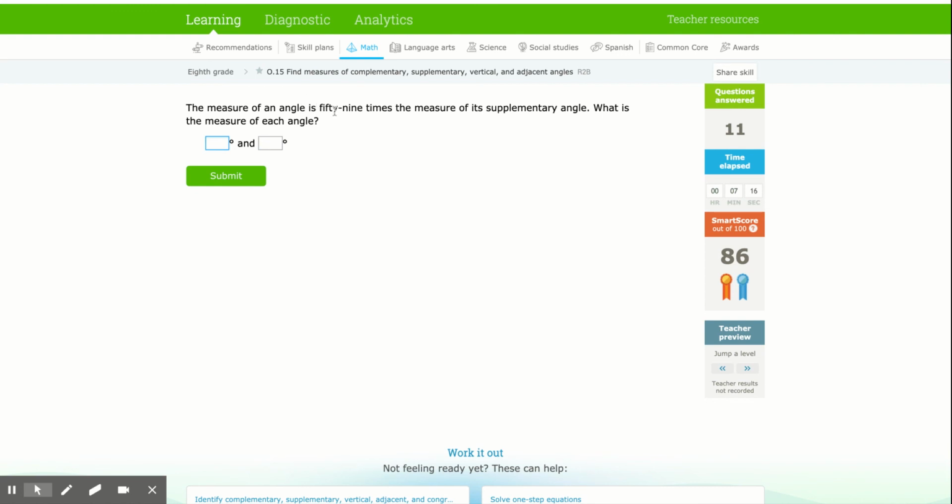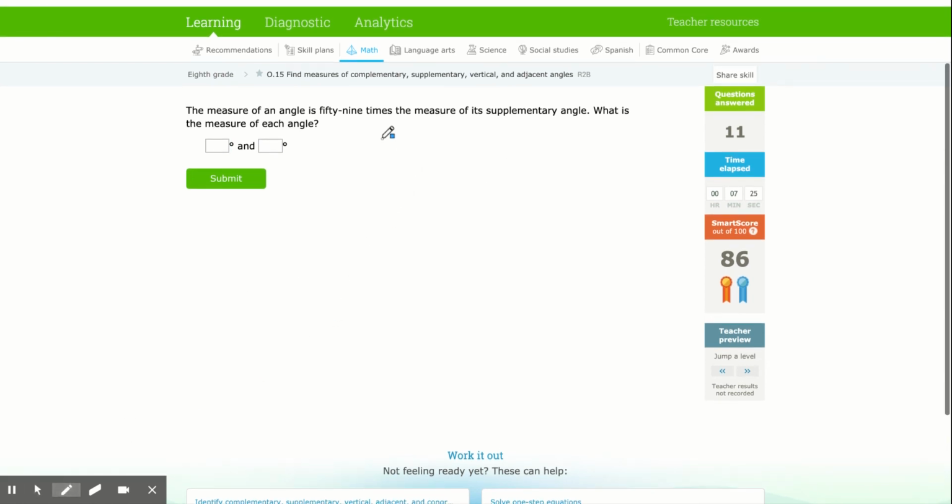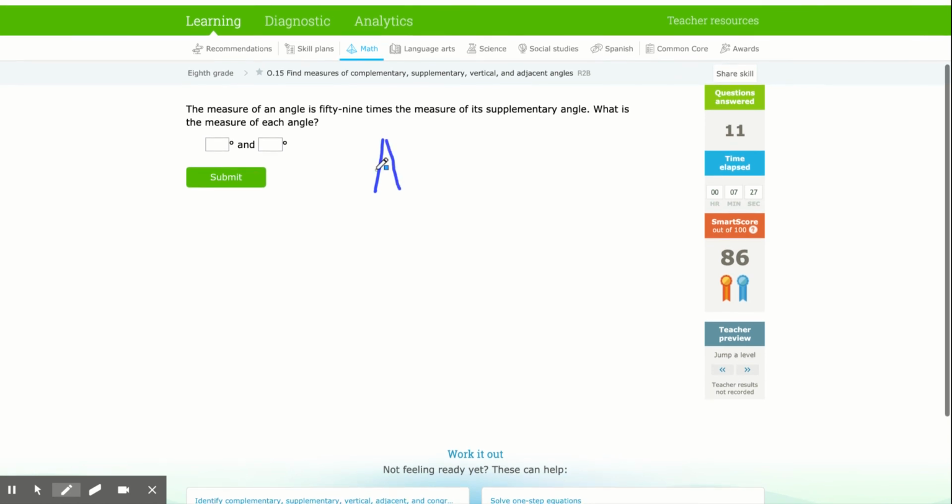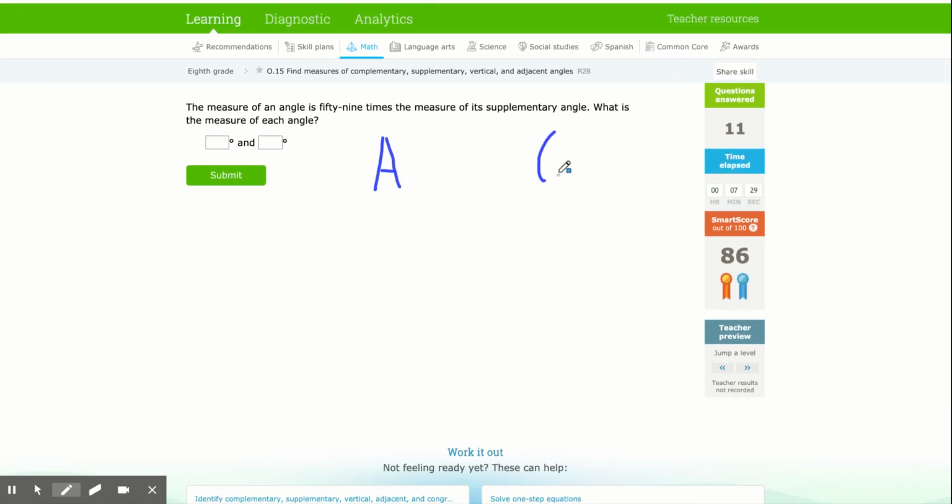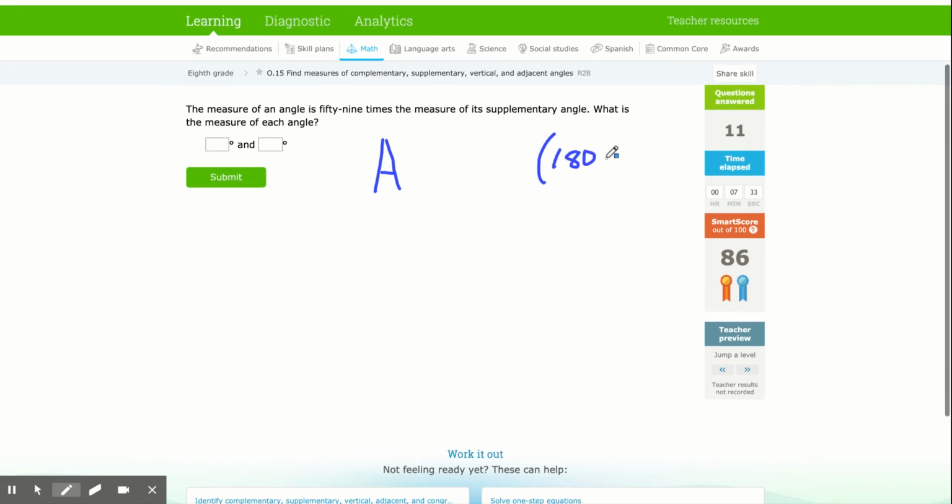Okay, the measure of an angle is 59 times the measure of its supplementary angle. So again, this is like the one I did before. I'm going to have some angle measure A, and then its supplement is going to be 180 minus that angle measure, whatever A is.